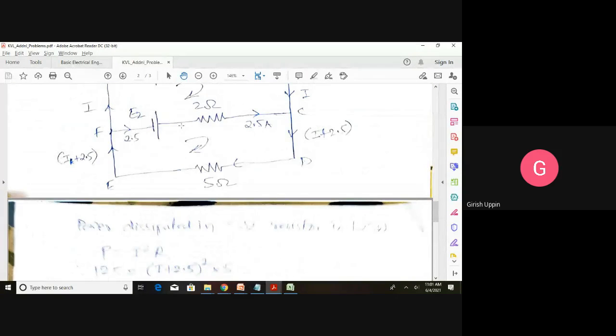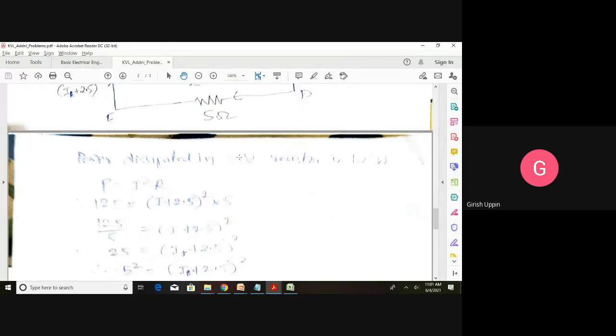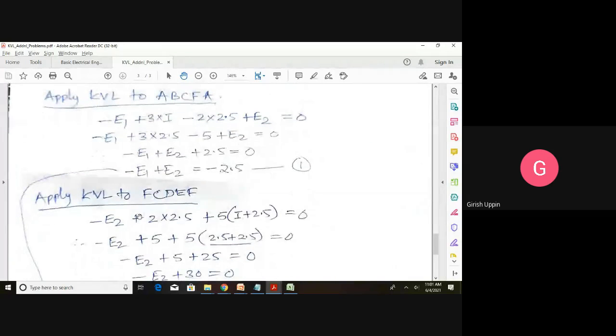What is the current flowing here? The current flowing is 2.5 amperes. And this is the direction of tracing and this is the direction of the current. Both are in the same direction. So the voltage drop is plus 2 into 2.5.